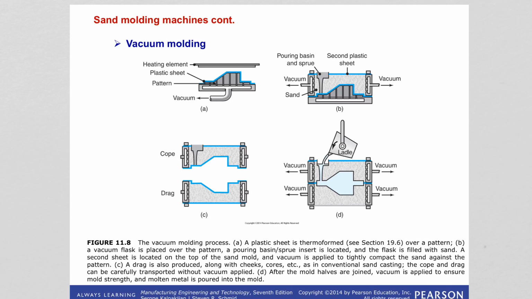A flask is placed over the pattern and is then filled with dry sand. A second sheet of plastic is then placed on top of the sand, shown with the blue. And of course, a pouring basin and a sprue is inserted.